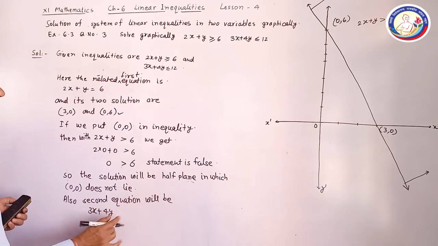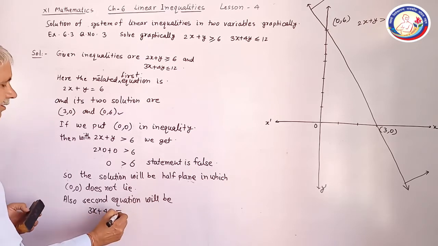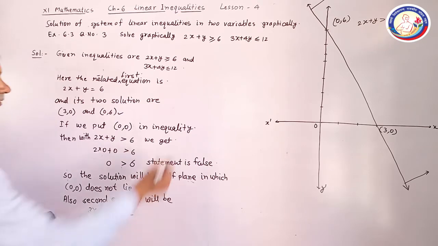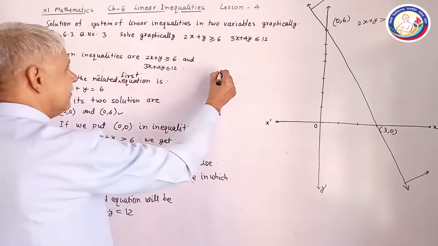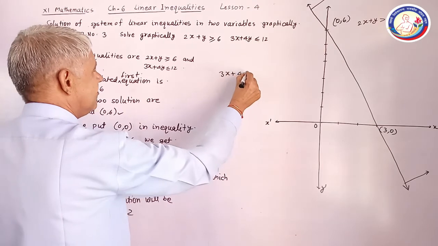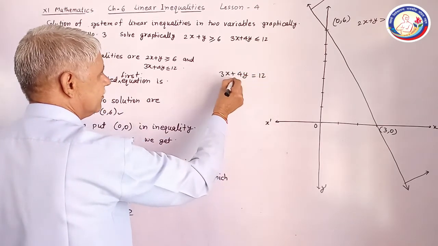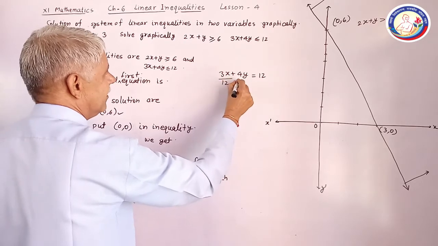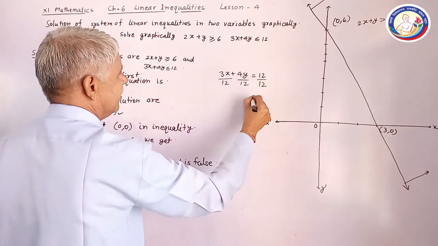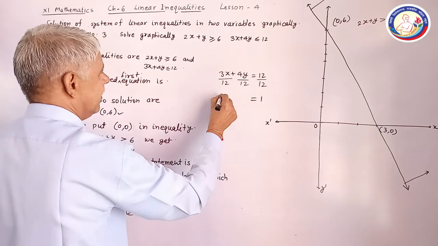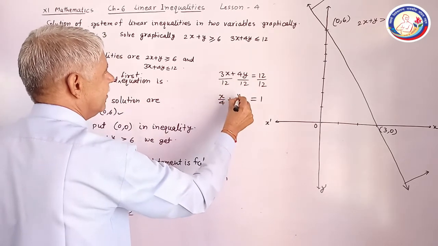So we will write only equation 4y equal to 12, and we will use similar manner, 3x plus 4y equal to 12, and divide all the terms by 12. We will get 1 equals x upon 4 plus y upon 3.